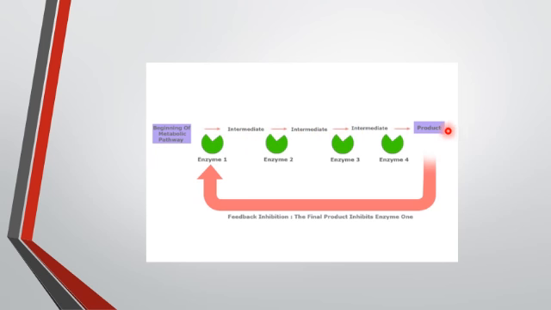This is called feedback. As the body comes to know that this product is sufficiently present in our metabolism and not required, they themselves will go and inhibit the reaction. This is called the feedback mechanism or feedback inhibition.